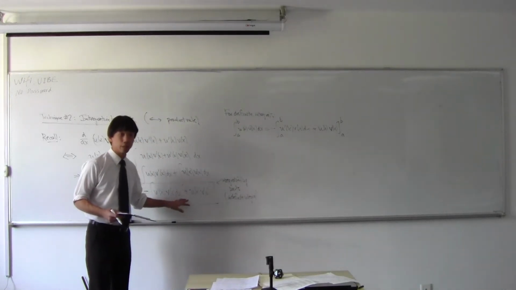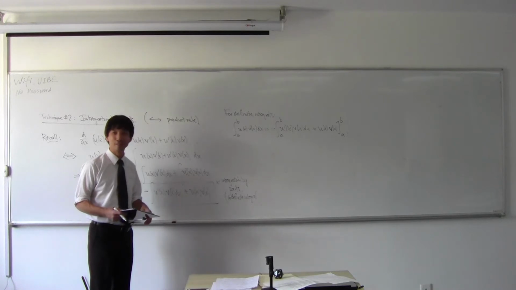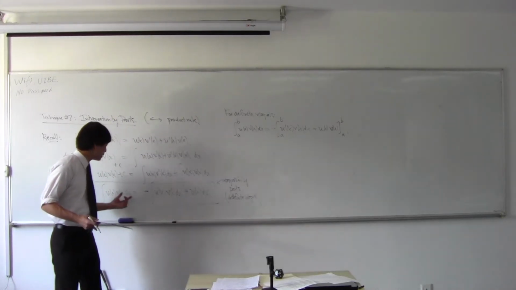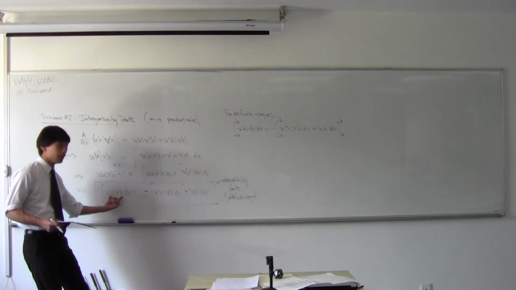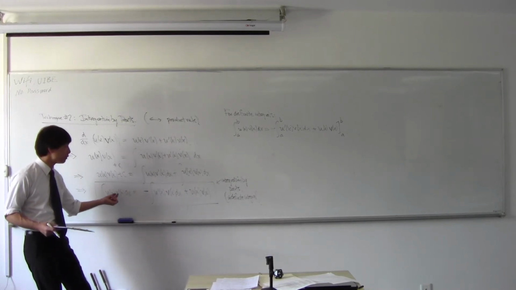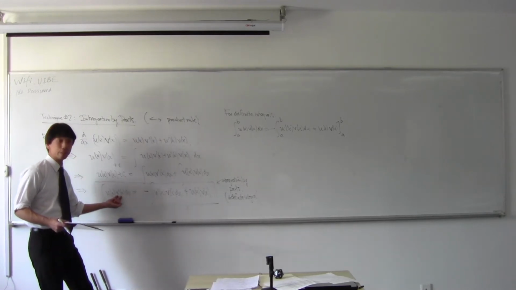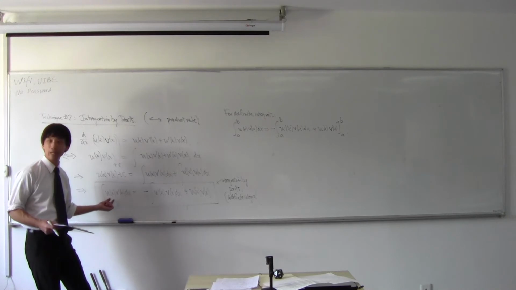So this is the trick of integration by parts. What it says is that if you have the integral of u against v prime, then it's okay to take the derivative and pass it on to the other guy.